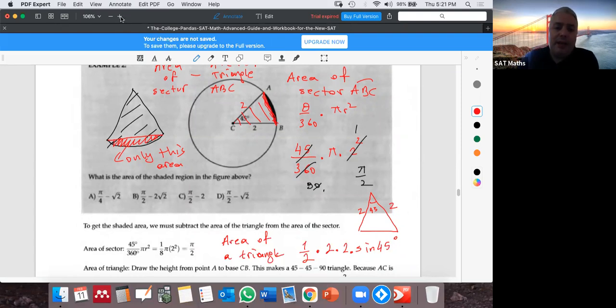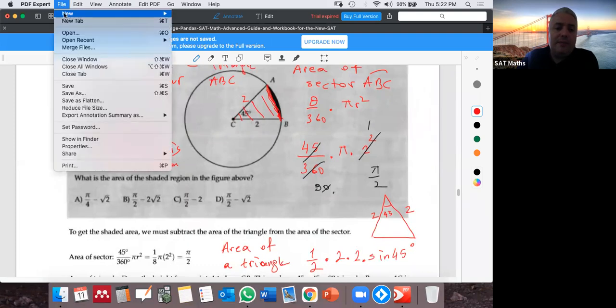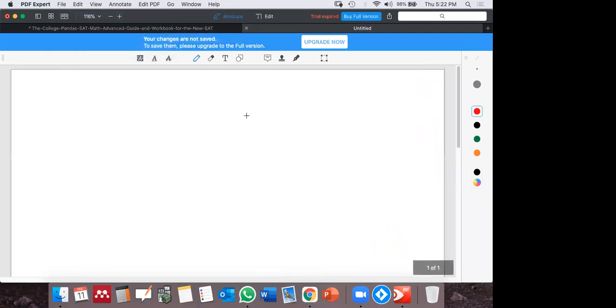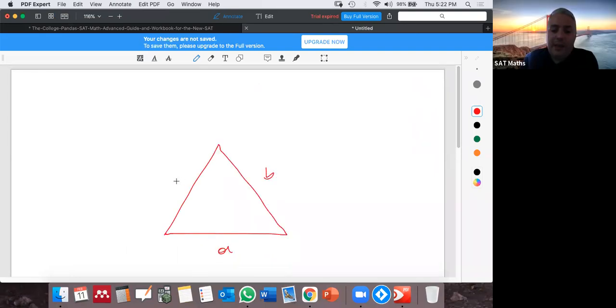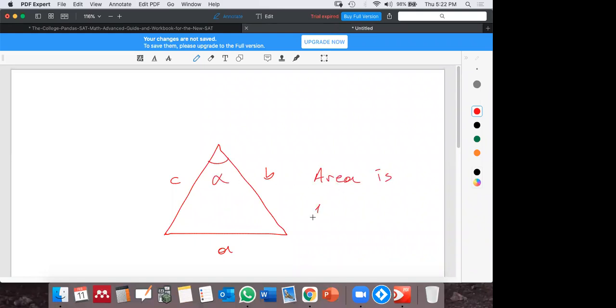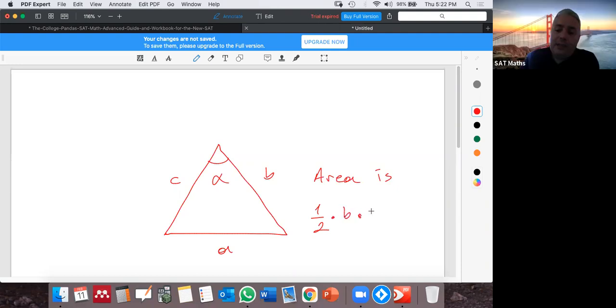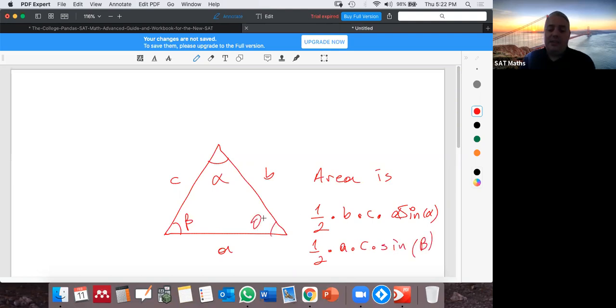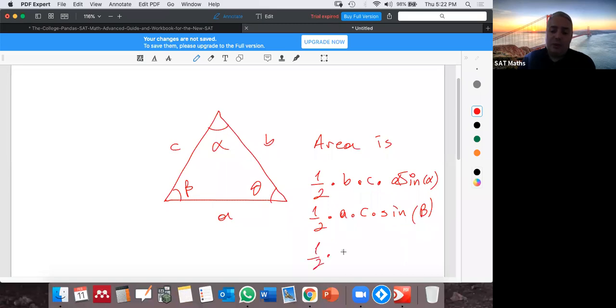Let me put it here as a rule. If this is A, B, C, alpha, area is 1 over 2 times B times C times sine of alpha. Or if I call this beta, 1 over 2 times A times C times sine of beta. Or if I call this theta, area is 1 over 2 times A times B times sine of theta.